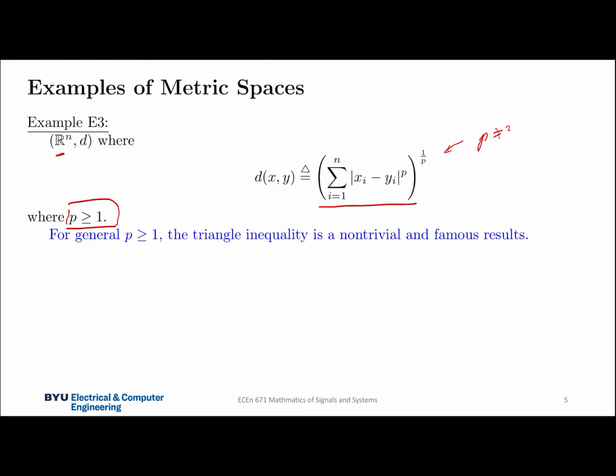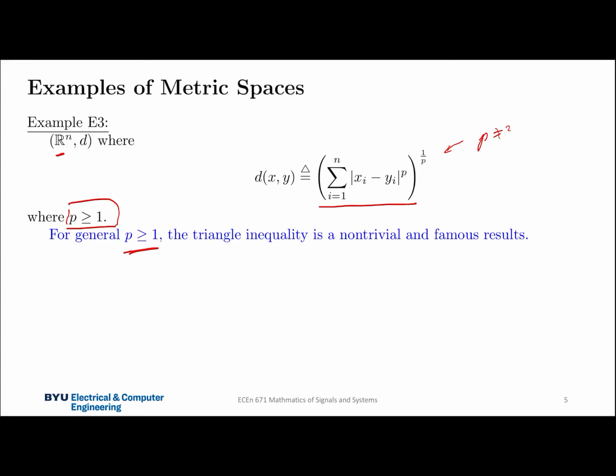All of M1, M2, M3 are relatively trivial to show. The fact that the triangle inequality is true for every P greater than or equal to 1 is actually a famous and non-trivial result.